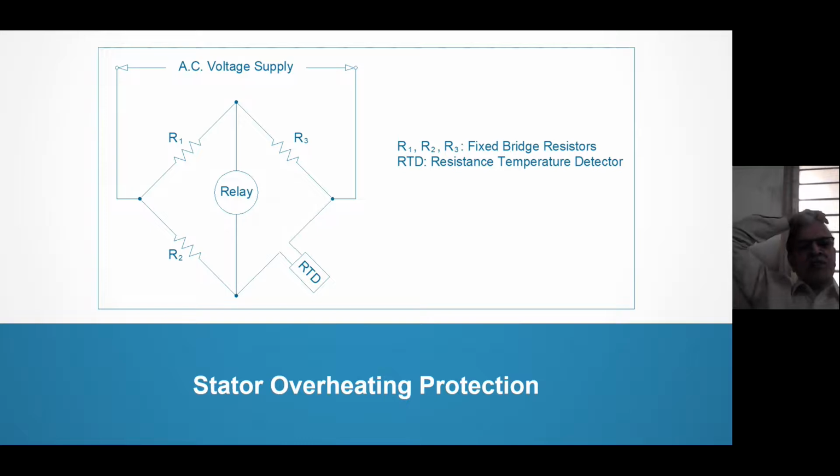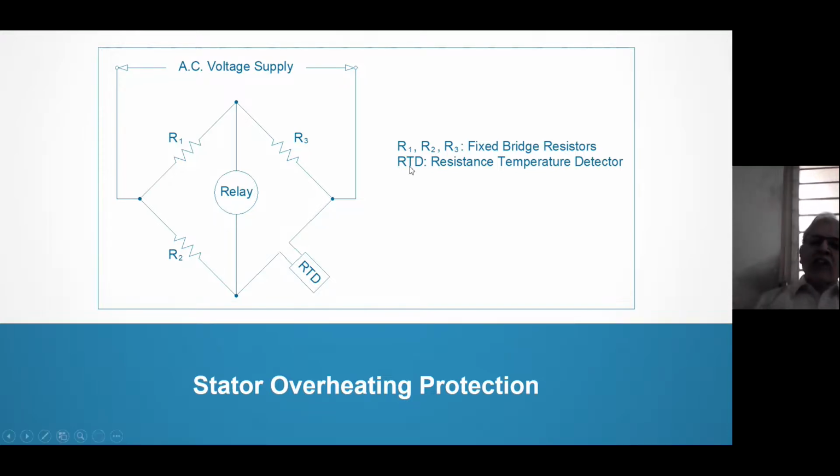They will not change. But it forms a Wheatstone bridge, and at normal temperature, with nothing occurring, the bridge is balanced. But when some local spot is heated, the RTD resistance will change, and the bridge is imbalanced, and current will pass through the relay, which is connected as shown, right?